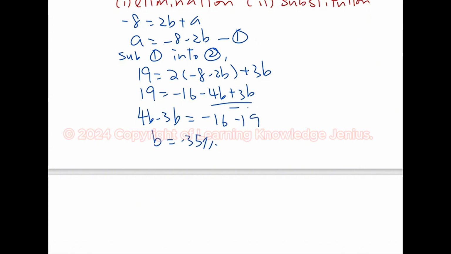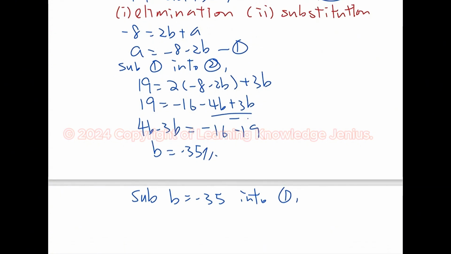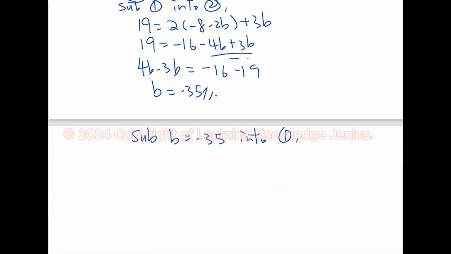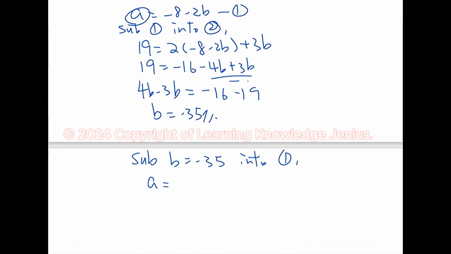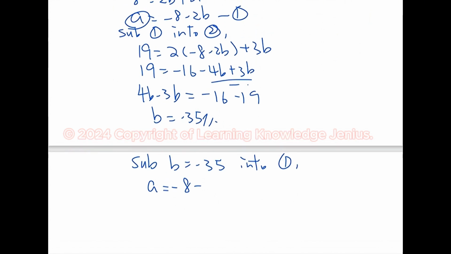After I get this, I'm going to sub the value of b into equation number 1 in order to get my a value. So a is equal to negative 8 minus 2 times negative 35 here.